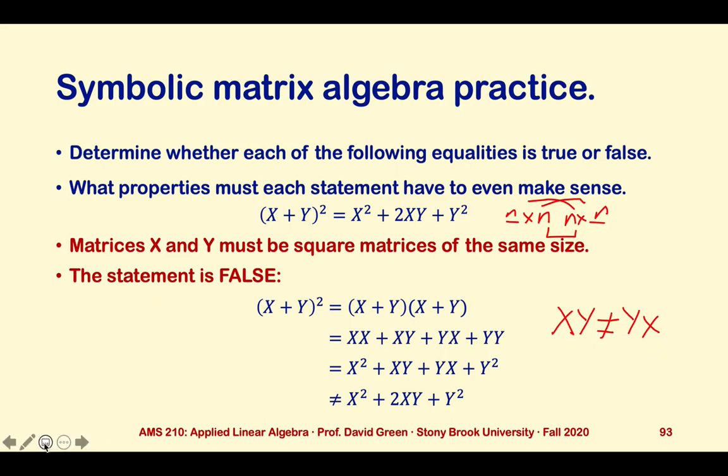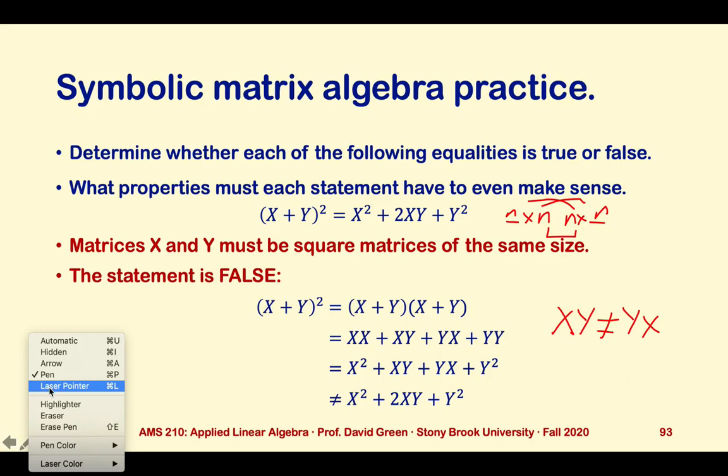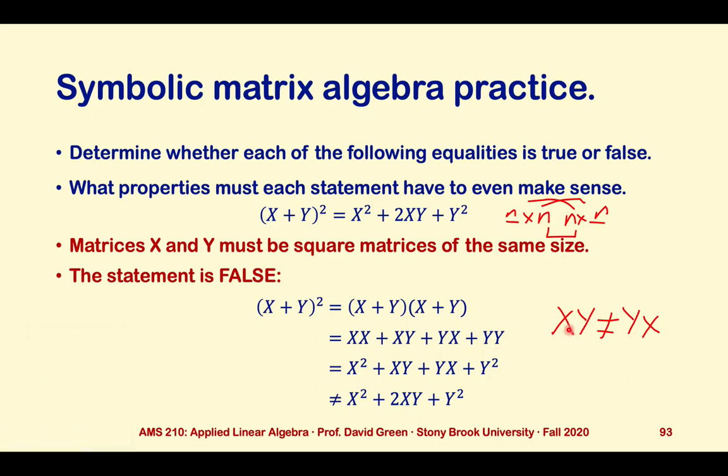Because that equality does not hold true, we cannot combine these two terms into a 2xy, and these are not equal. This is where matrices behave differently than an analogous expression for scalars. If x and y were scalars, this would be a perfectly true expression.